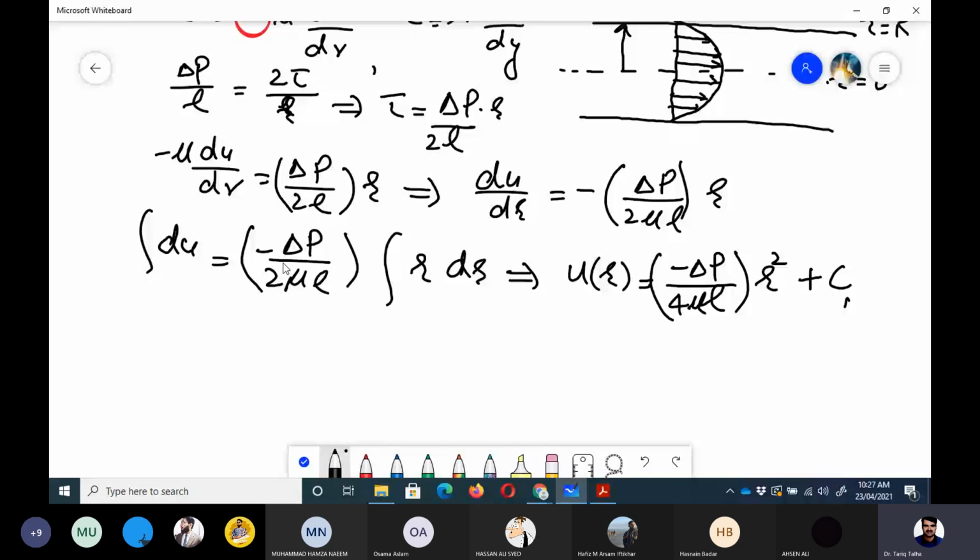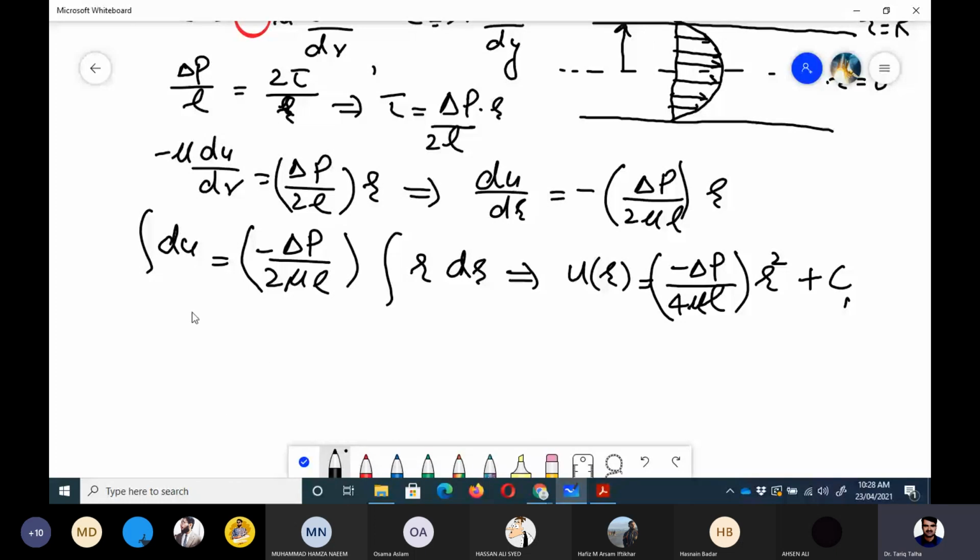Now we can calculate the value of C1, because we have taken an indefinite integral, so there is a constant appearing on the right hand side. To determine that, we need the boundary condition. When R is equal to capital R, we are talking about the pipe surface, and at the pipe surface the velocity is equal to 0 due to the no slip condition.